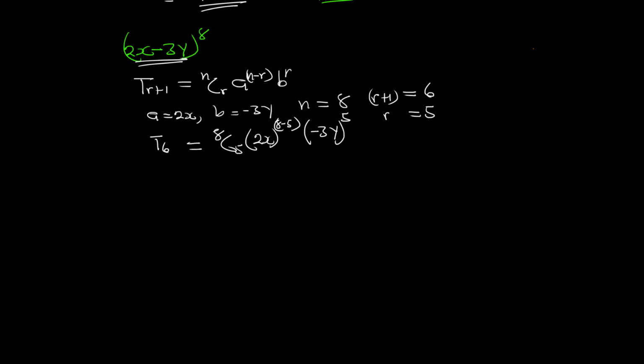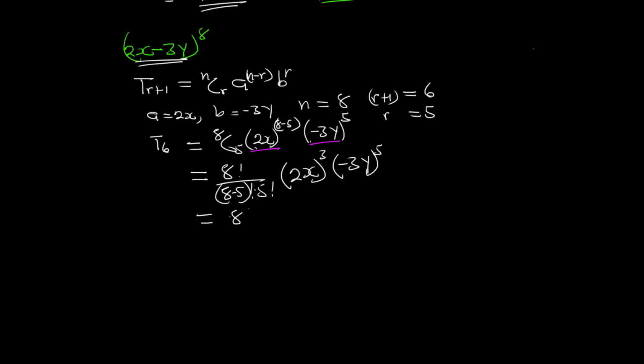Now on evaluating, this is equal to 8 factorial over 8 minus 5, all factorial, times 5 factorial, multiplied by the term in this bracket. We have 2x raised to the power 3 multiplied by the term here, which is minus 3 raised to the power 5.